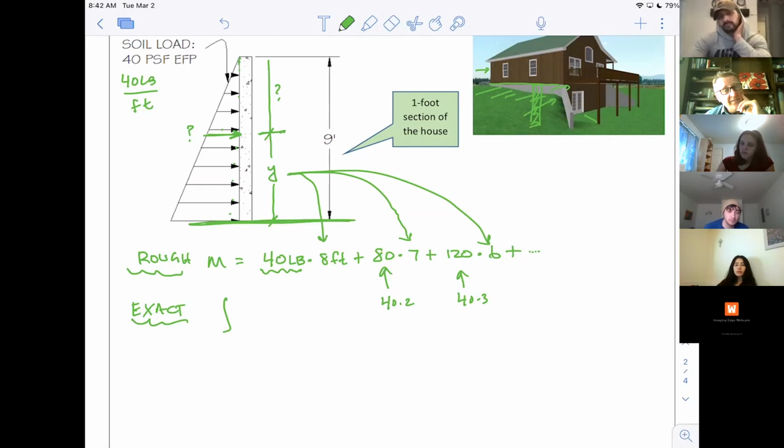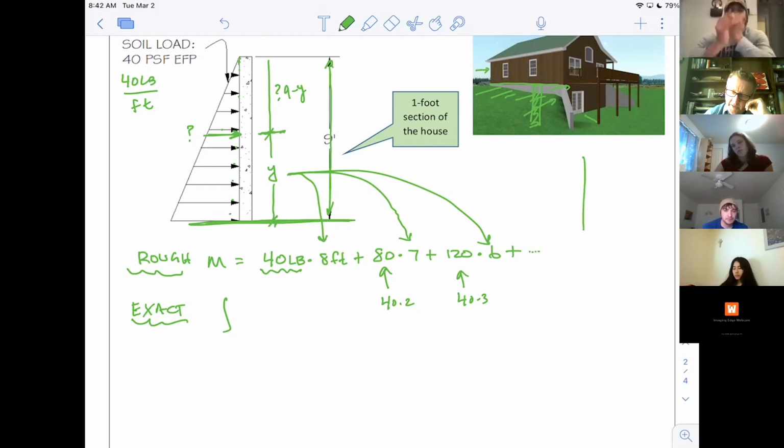The easiest way to say it is what Caesar just said. In other words, since this overall height right here is 9, then if I called this distance down here y, then this would be 9 minus y. That's the easiest way to say it. Now, again, we could define y to be whatever we want.